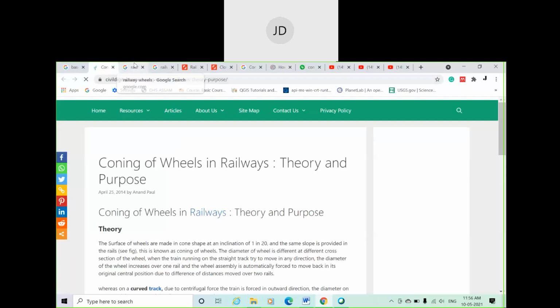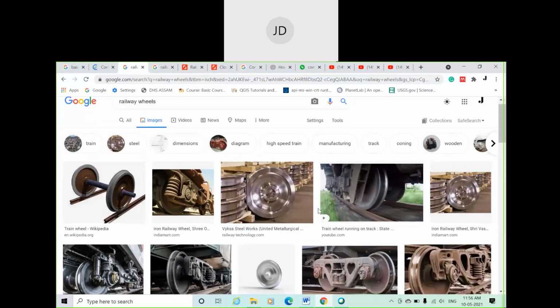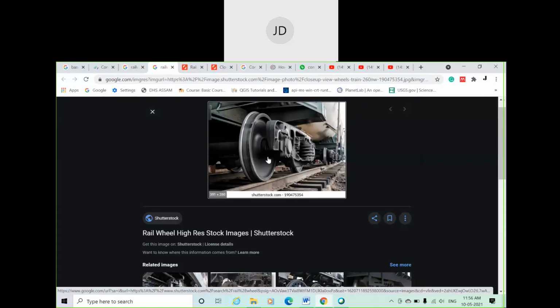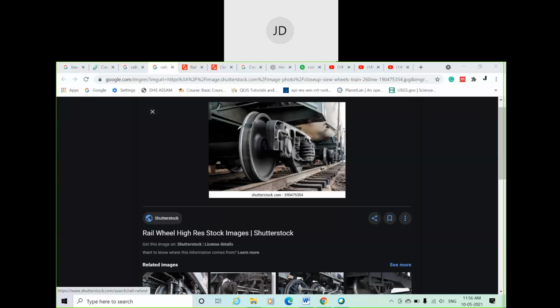Let me check whether it is available here. Here I'm showing some diagram of a wheel. You can see the rail wheel. This is your outer part. This is your inner part, and this is your tread part. This part is your rim.